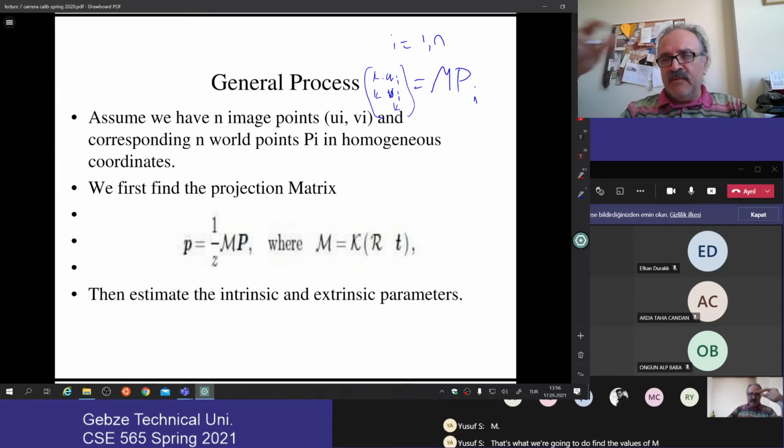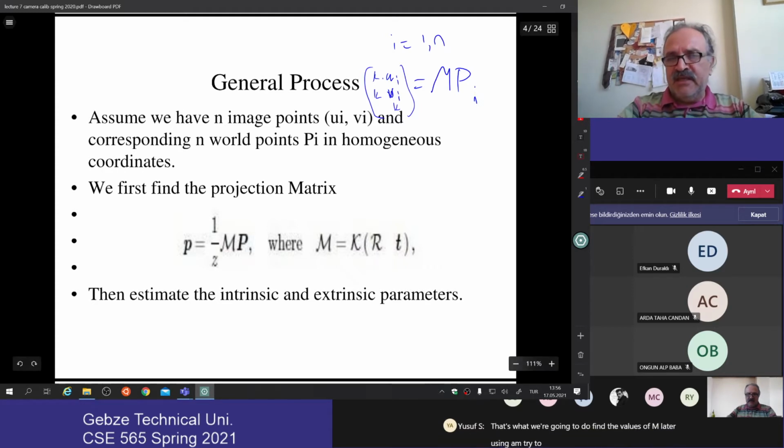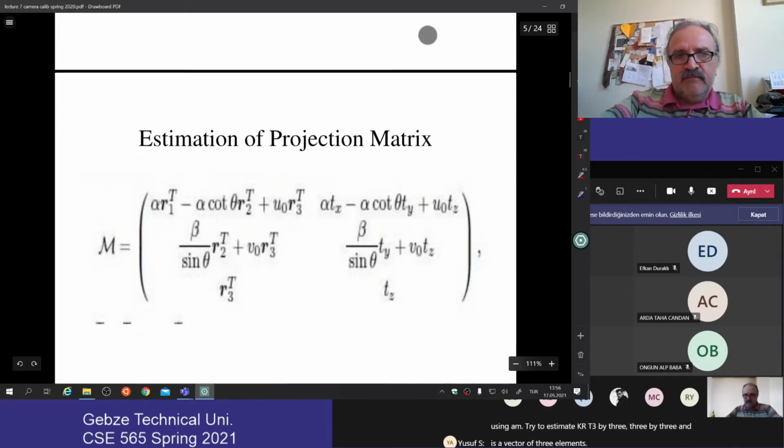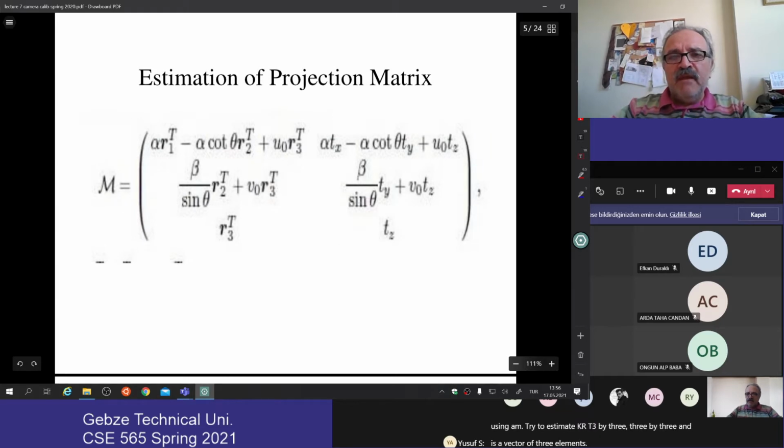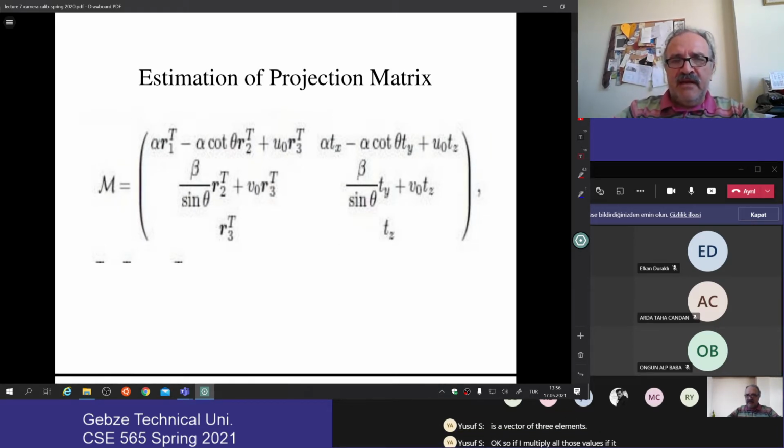Later, using M, we try to estimate K, R, T. 3 by 3, 3 by 3, and a vector of 3 elements. If I multiply all those values, the K, R and T values, this is the matrix M that I get. I think I have shown you this before.